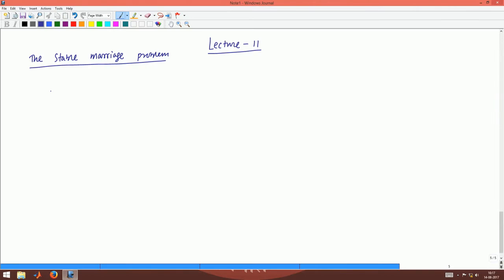I will define what is the meaning of this stable matching. We know what is matching, but now we talk about what is stable matching. We will talk about an algorithm to find stable matching. Okay. So, let me start with the definition of stable matching.